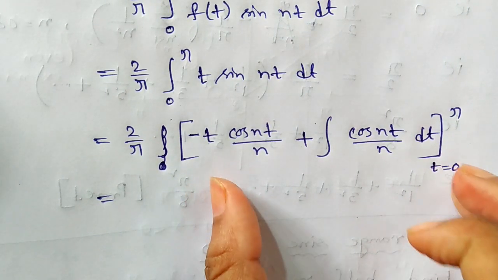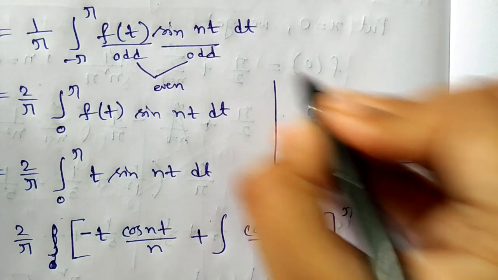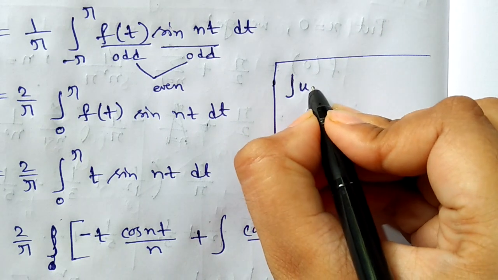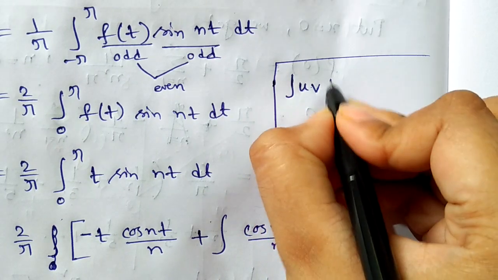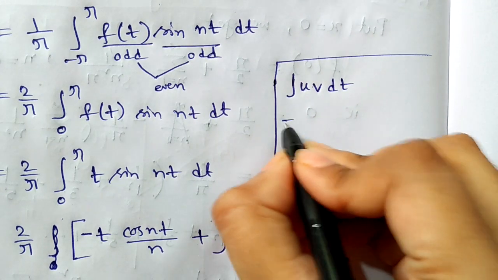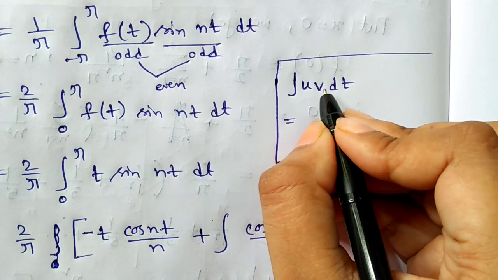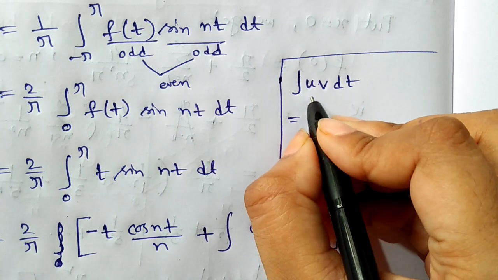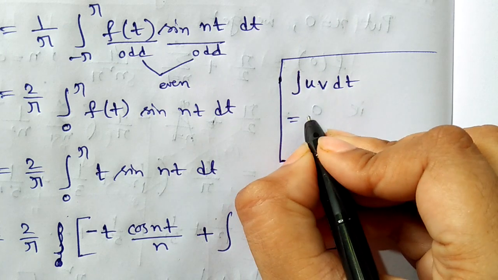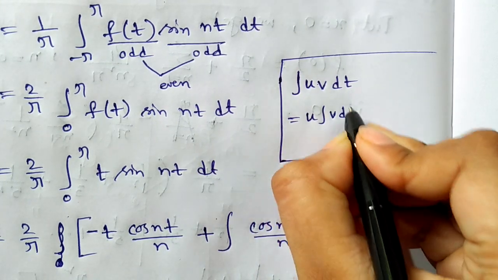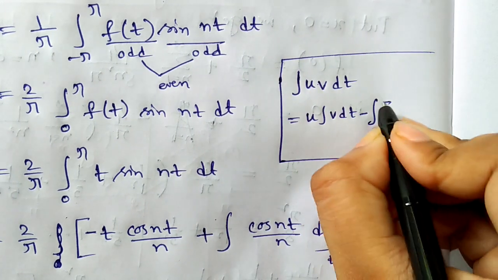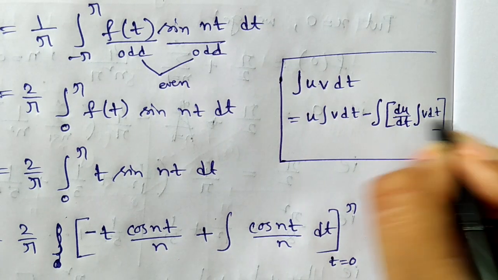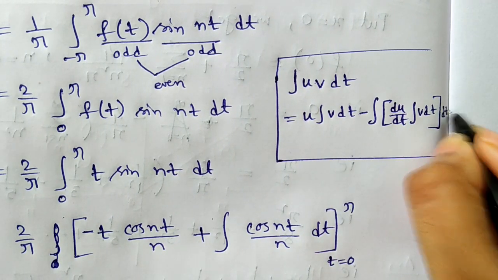I just repeat the formula for integration by parts: integration of u v dt, where u and v are functions of the variable t, equals u integration v dt minus integration of du/dt times integration v dt, with dt written for the integration.